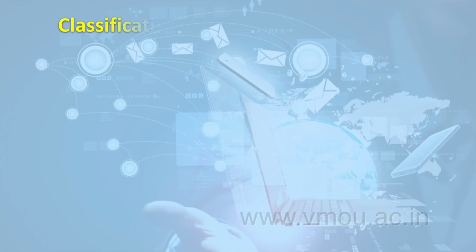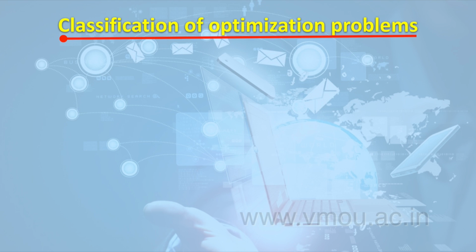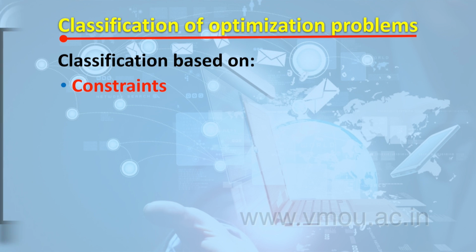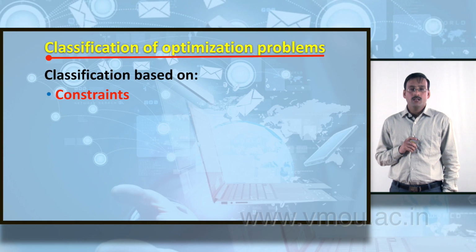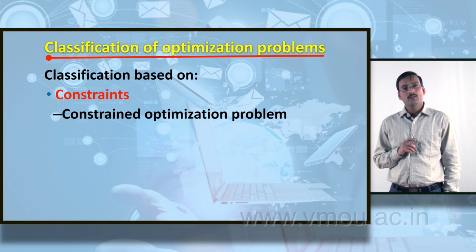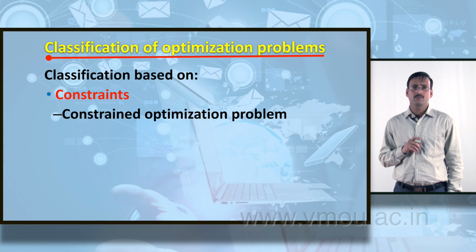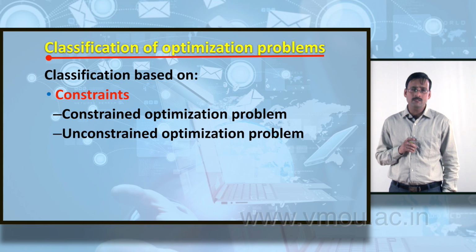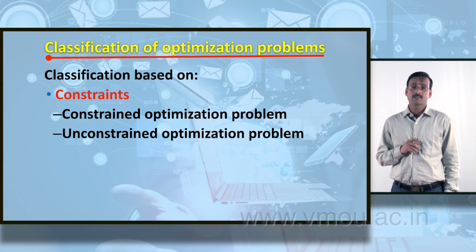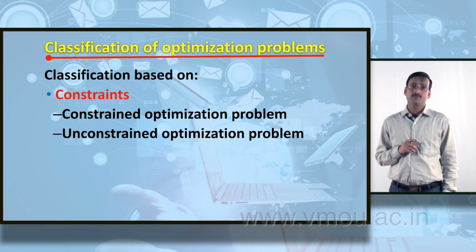In broad aspects, the optimization problems can be classified as below. If we consider the criteria of availability of constraints, then if the optimization problem consists of some constraints, the problem is called a constrained optimization problem. But in nature there are certain optimization problems which do not have any constraint, only the objective function subject to some restrictions on the decision variables.